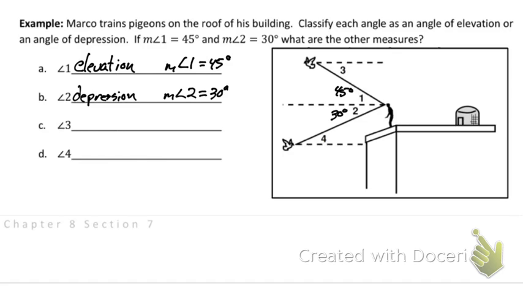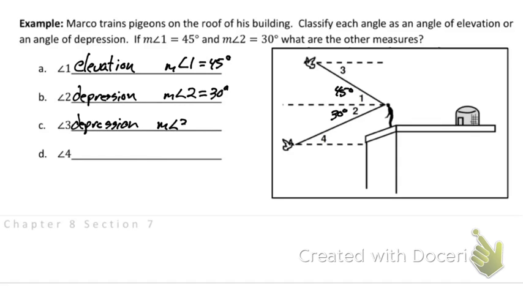All right, measure of angle 3. Is that elevation or depression? Sabrina. That would be depression, because we're at the bird's height, right? And the bird has to look down at us, so that will be depression. And who can give me the measure of that angle?